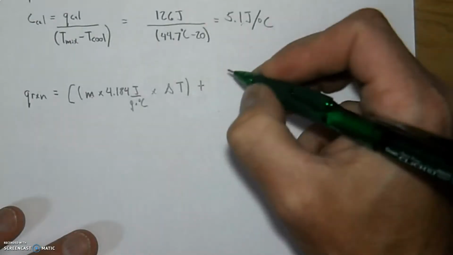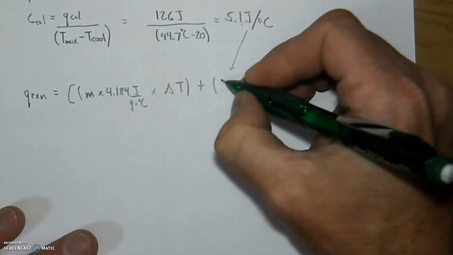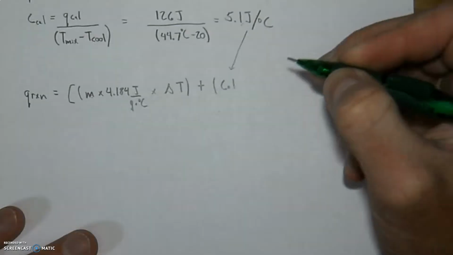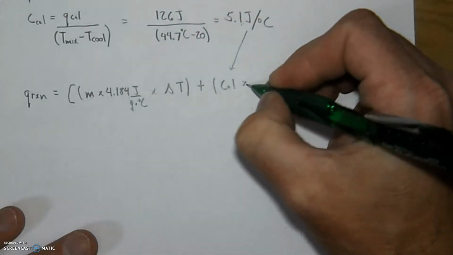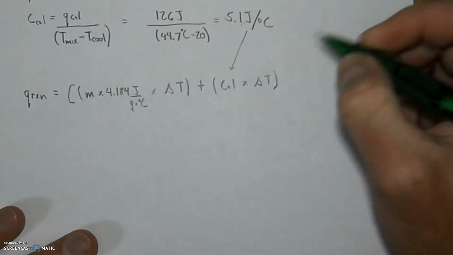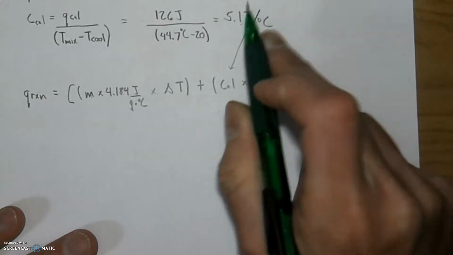I can now take the cup into the conversation and say this is, again, the calorimeter value times what is that change in temperature. So the fact that I have this and a change in temperature would go away. I have joules.